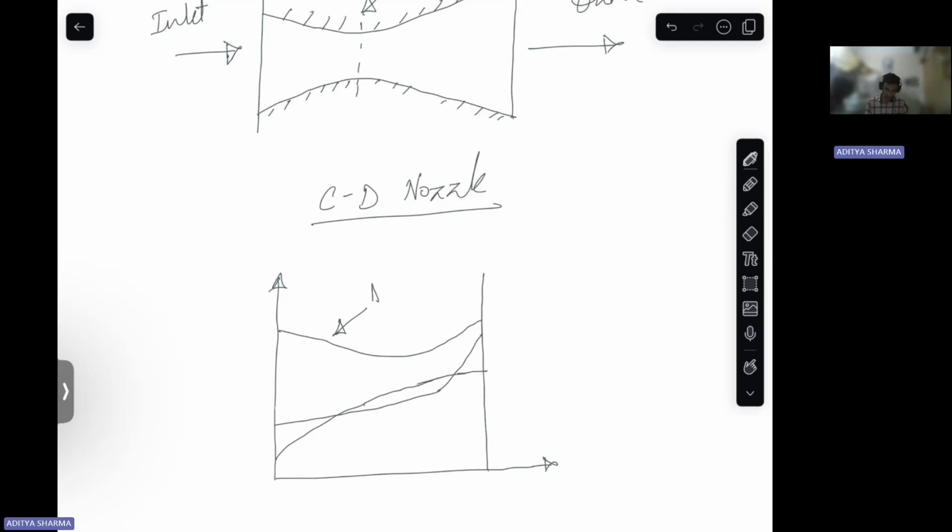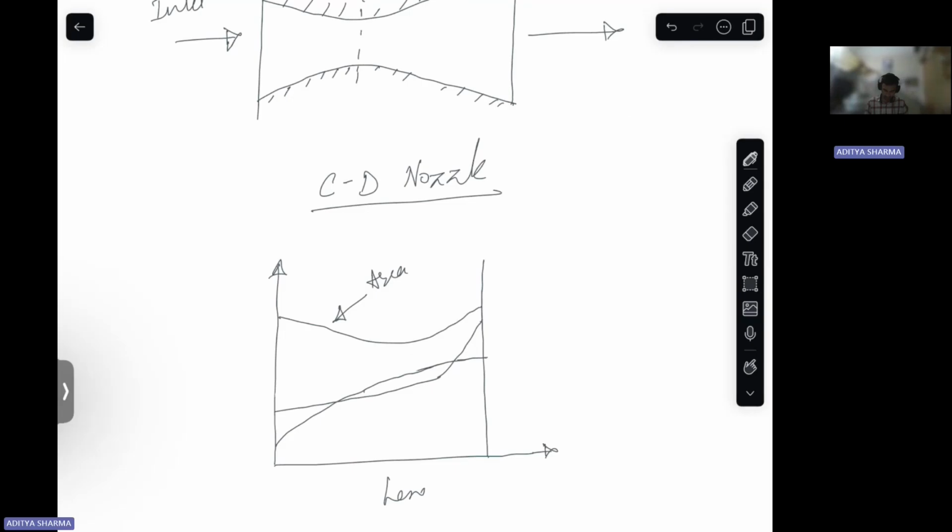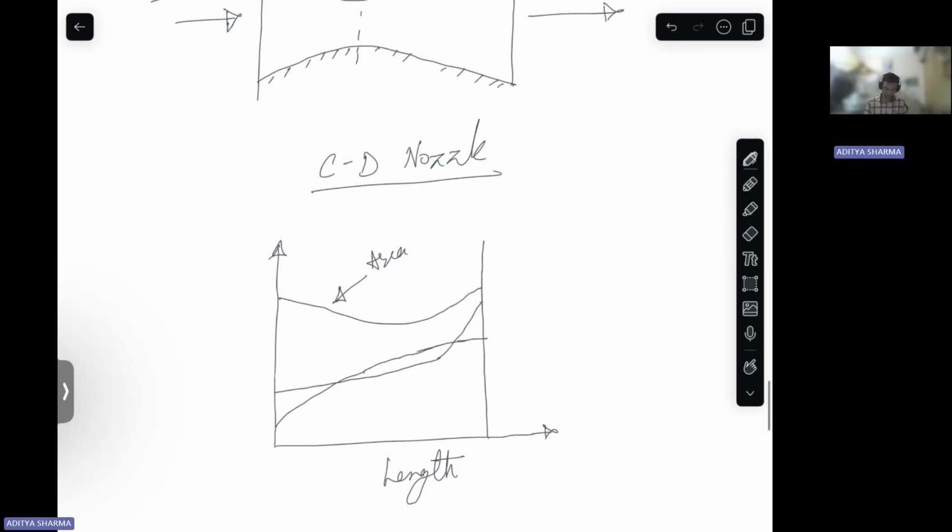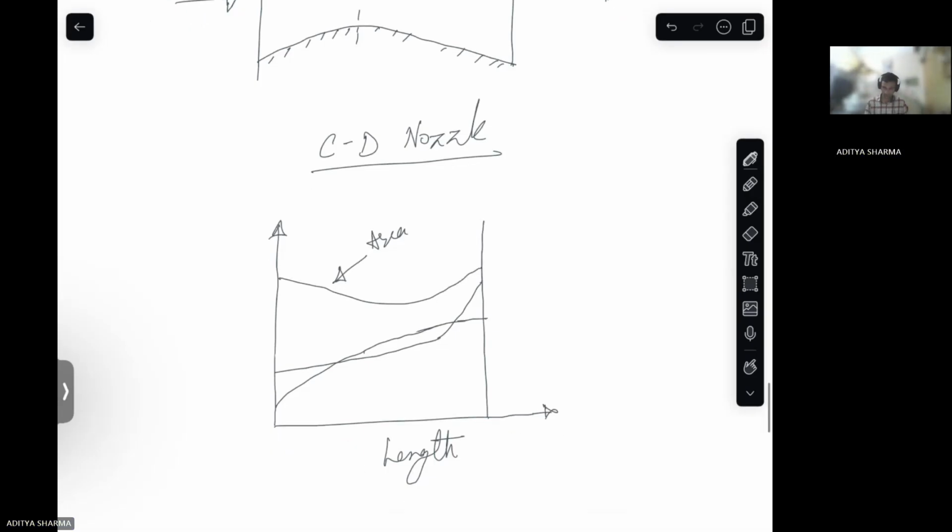So this is for your area. So this is your length, okay, along the axis of your nozzle. This is the length, right? So along the y-axis, we have taken three things.